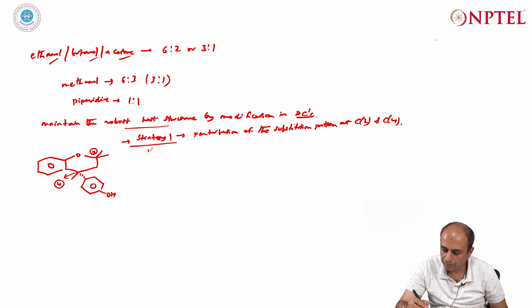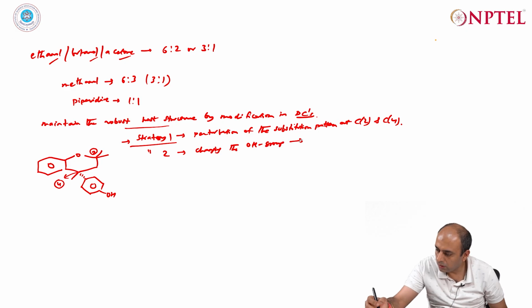This is strategy 1. Strategy 2 is changing the OH group to other functionalities like SH or NH2.